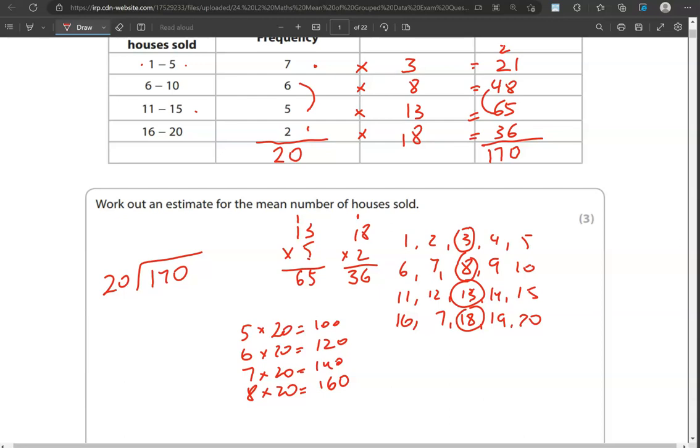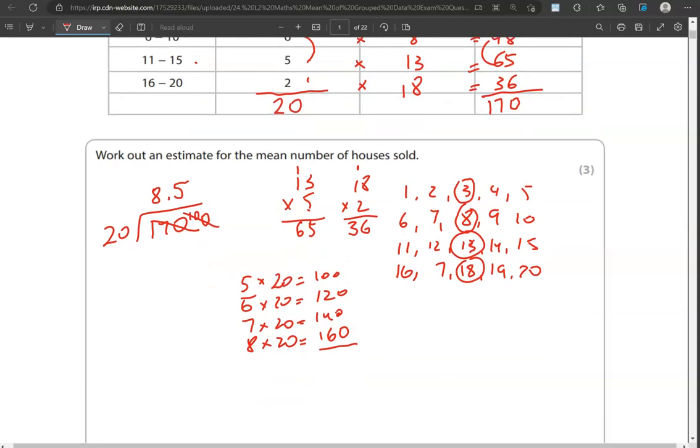So what we're going to do is put the 8 first, and we have 10 left over, because 170 take away 160 gives us 10. Now we can add a 0 here, and the decimal point in the answer. How many 20s in 100? That was 5. Exactly 5. So 8.5 is the answer. That's the estimated mean.